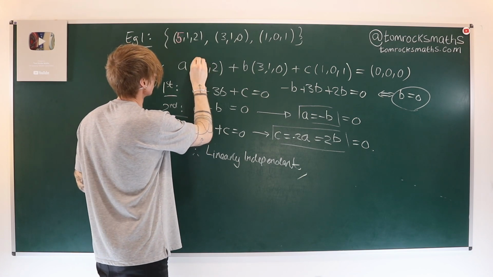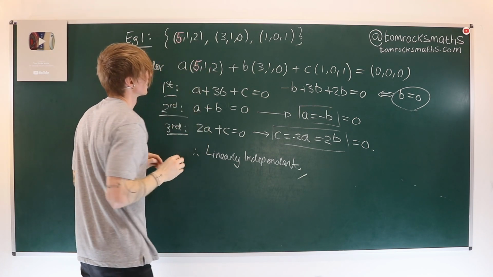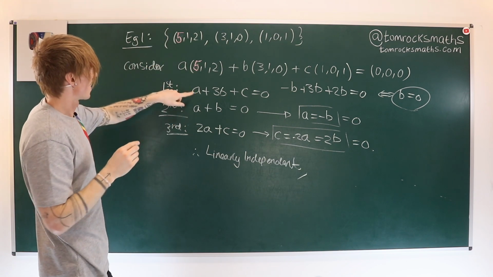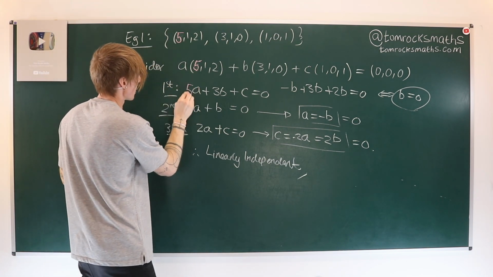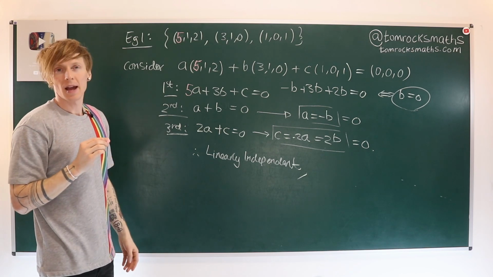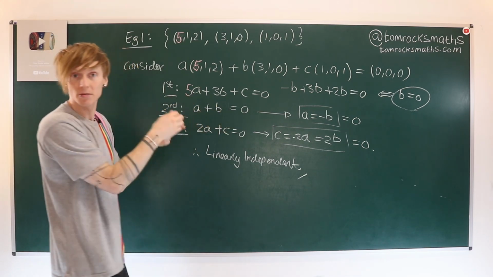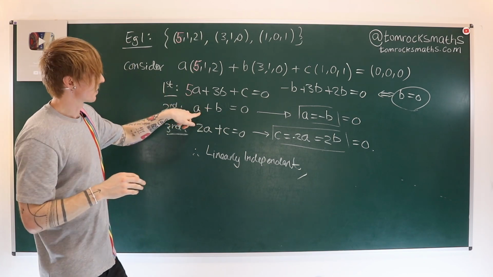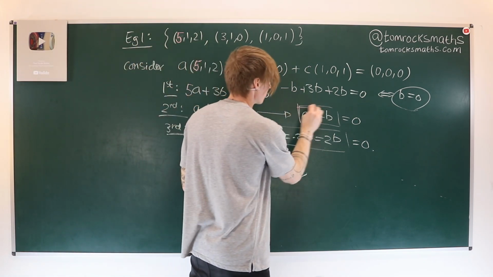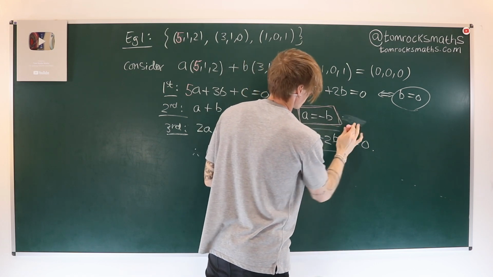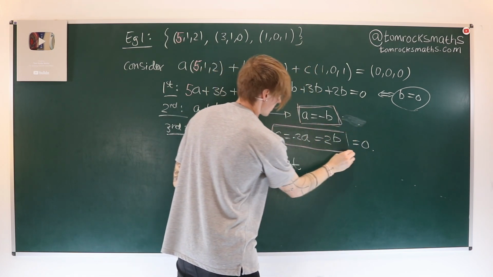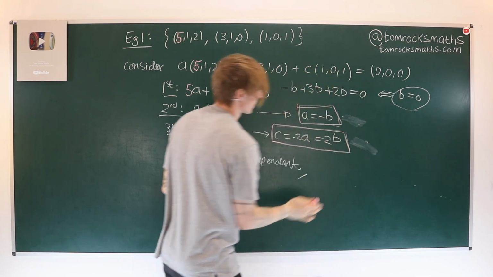That's become a 5 up here. And then our first equation now says 5a. And so what's going to happen is when we substitute, the other two, of course, haven't changed. When we substitute now, this is still true, but we don't know that it's 0. This is still true. Again, we don't know that that's 0.